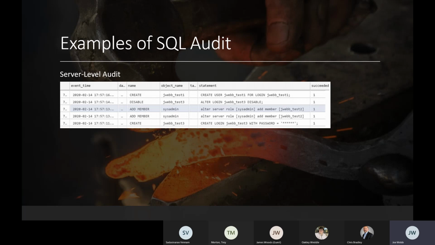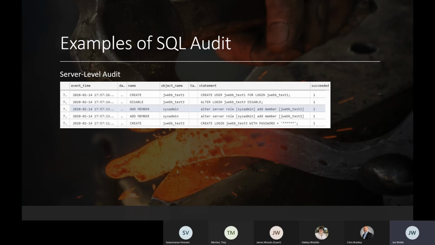SQL Audit makes the information in the binary files available through a function that it exposes to us, so that we can query that binary file as if it's a table. We can then even join it to other tables if that becomes needed.